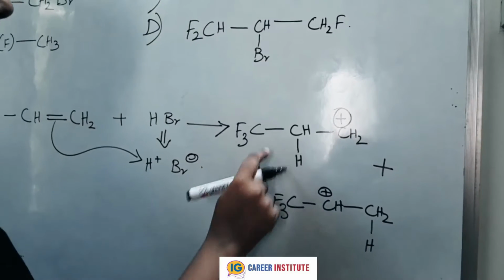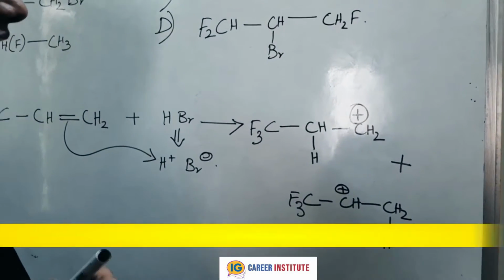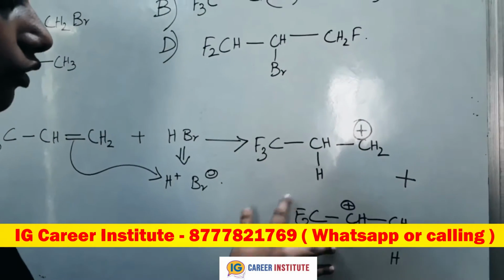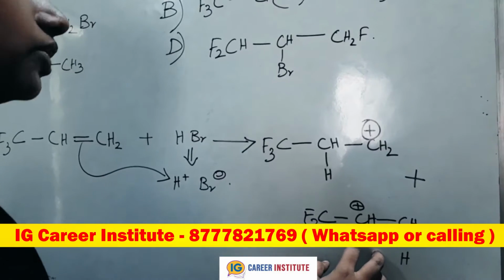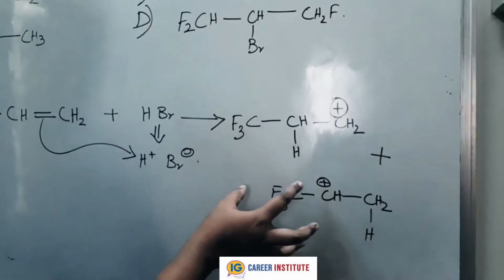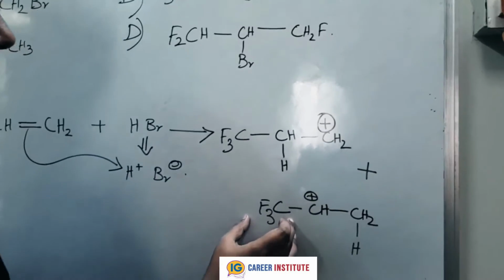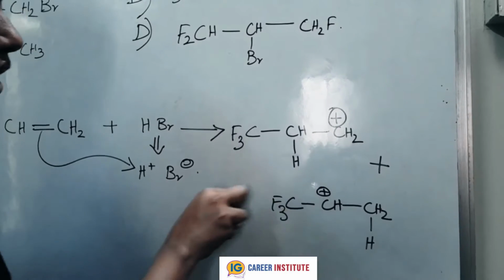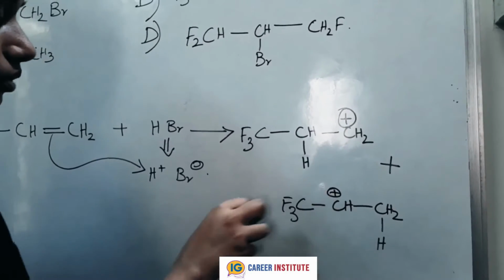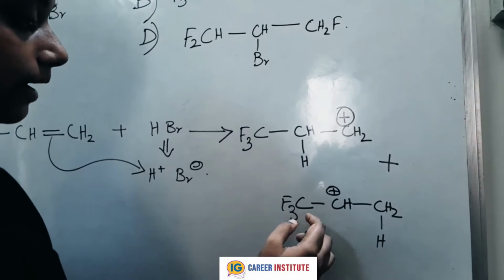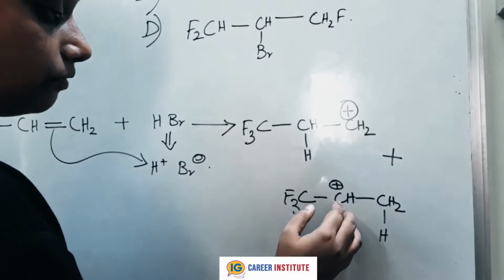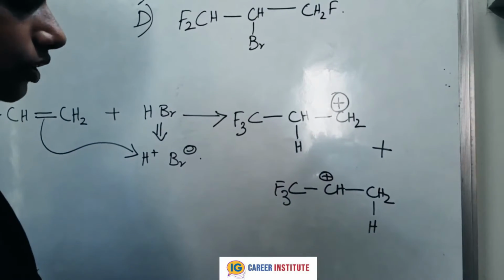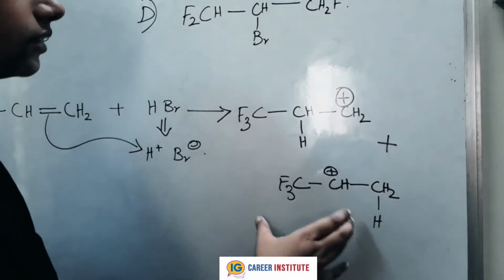So which one is more stable? See here there are 3 electronegative fluorine atoms. Now this carbon is already electron deficient. Now with the presence of these 3 fluorine atoms, there will be a strong electronegative pull. Due to a strong electronegative pull, this carbon will become even more electron deficient, hence making it very unstable.